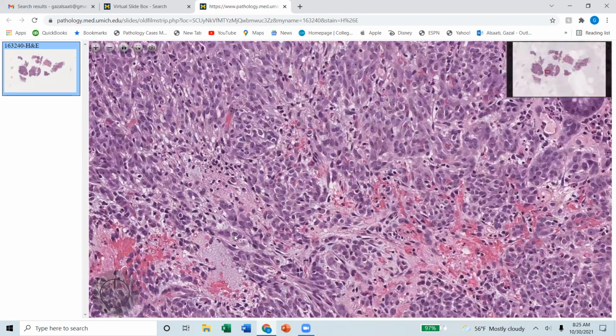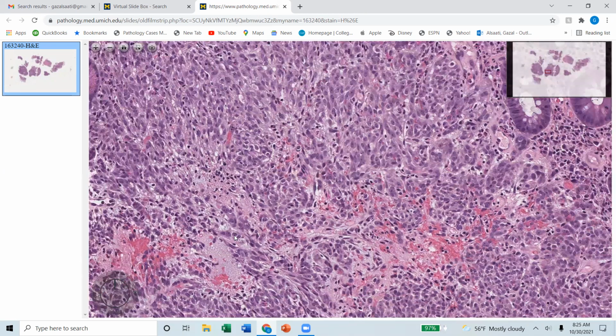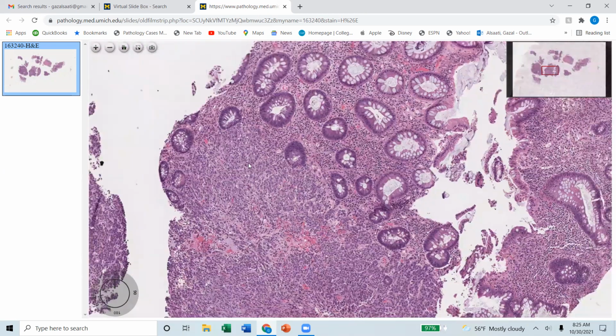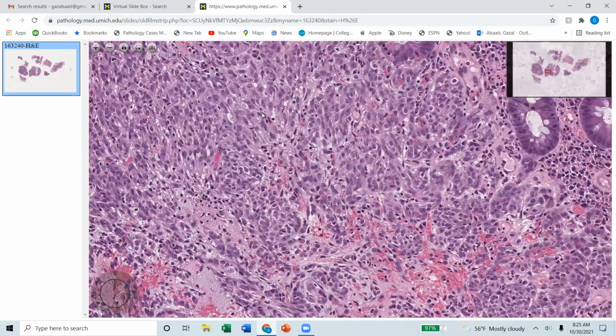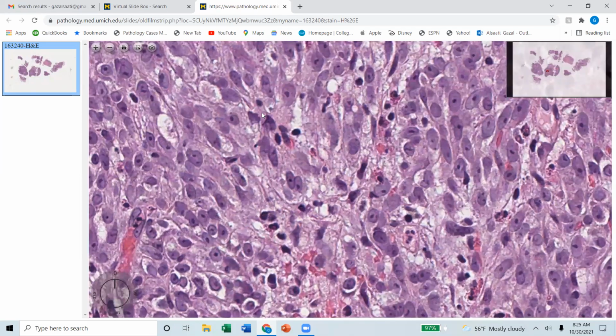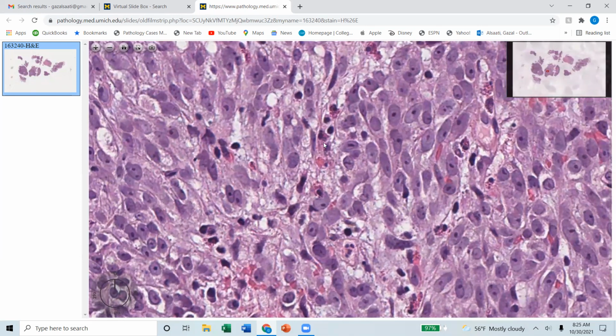Okay, let's look at that tumor. So what comes to your mind when you look at it on low power? First thing that comes to my mind is neuroendocrine tumor. Kind of monotonous, it's in sheets. But what doesn't go with neuroendocrine tumor is the prominent nucleoli.